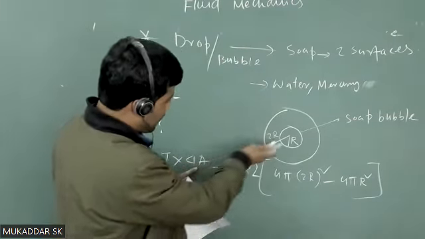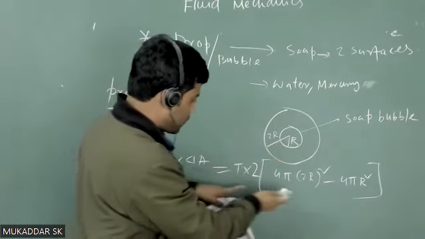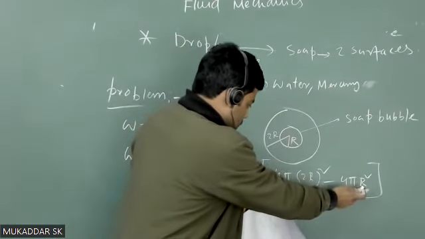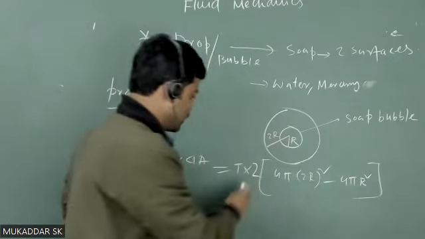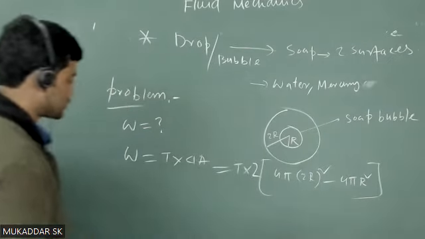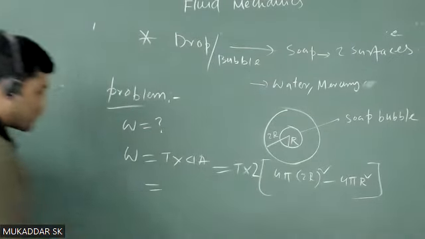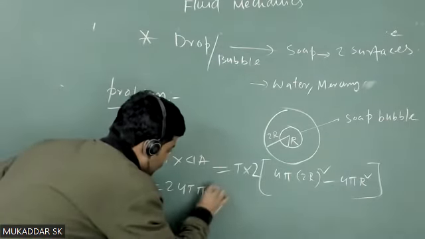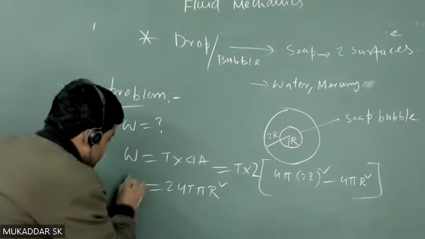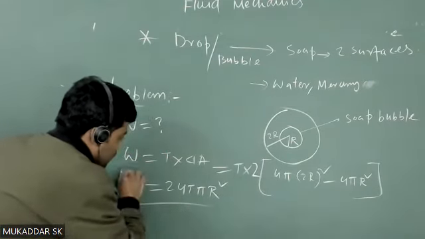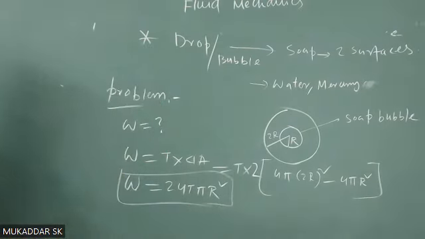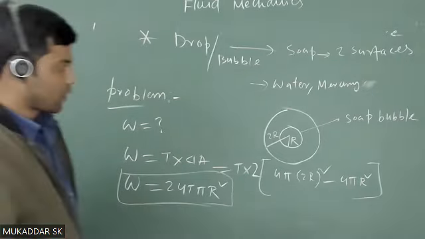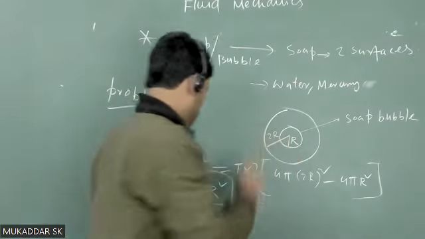If you calculate this number, you will get 24 T pi r square. So this much work you have to do to increase the radius of the soap bubble from r to 2r.